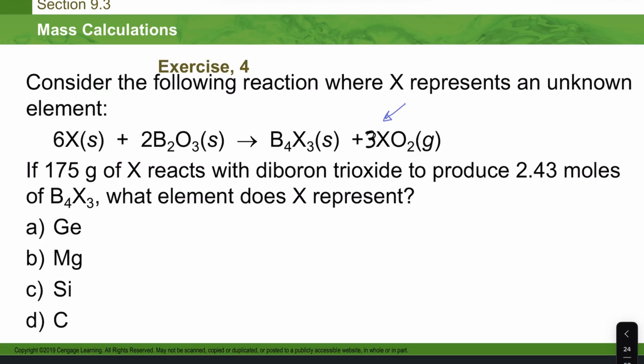So where do we start? Well, we have 175 grams of X, and so we'll start there.